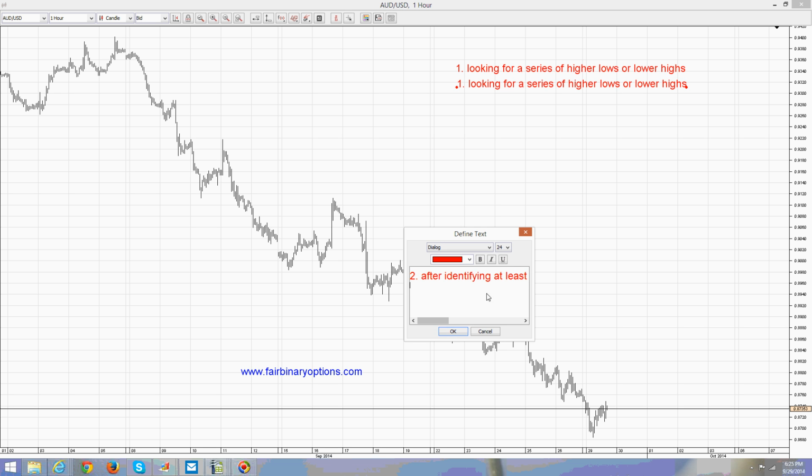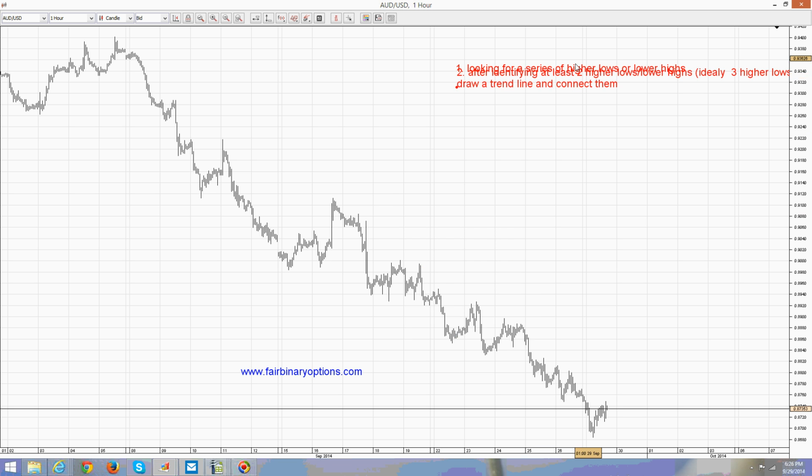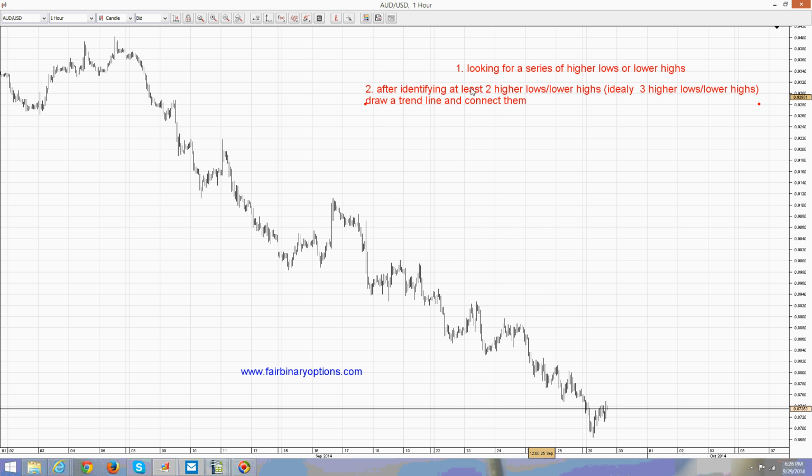So after identifying them, draw a trend line and connect them. Now, it is important to mention here that the trend line should not go from the top of one point to another, but it should define a trend.